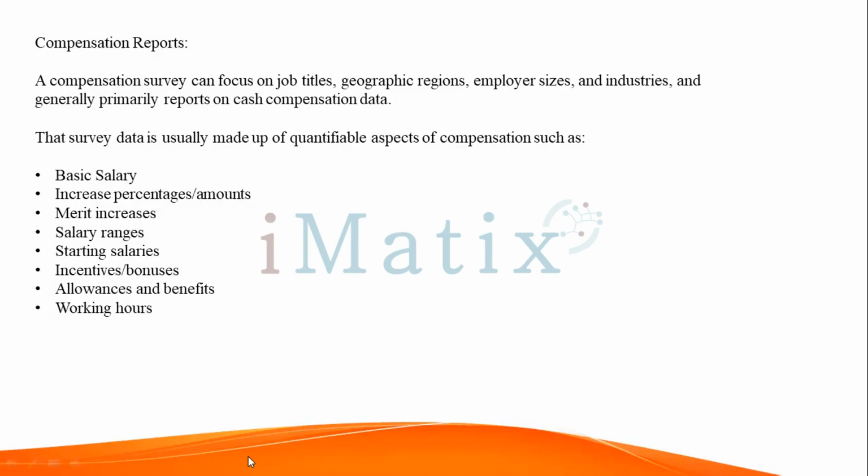Coming to compensation reports, whenever we are generating compensation reports, how is the compensation eligibility going to be processed for each and every employee? Take it as an example. Compensation would be decided based on his salary.